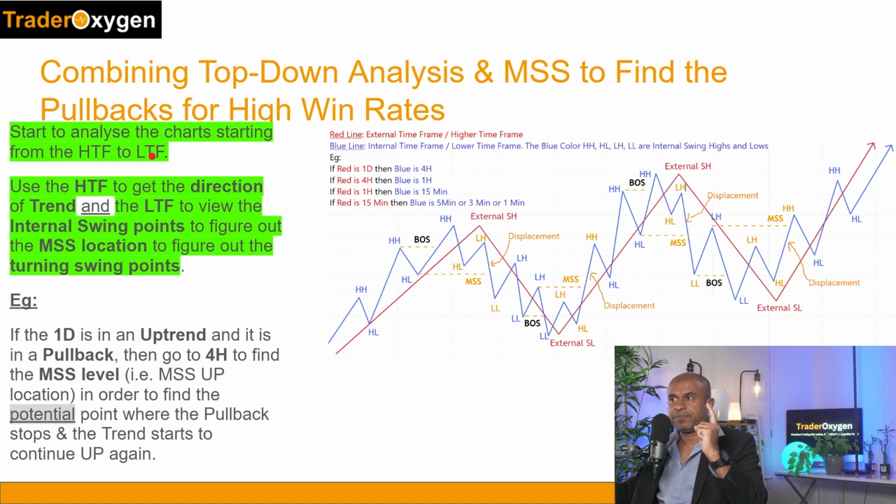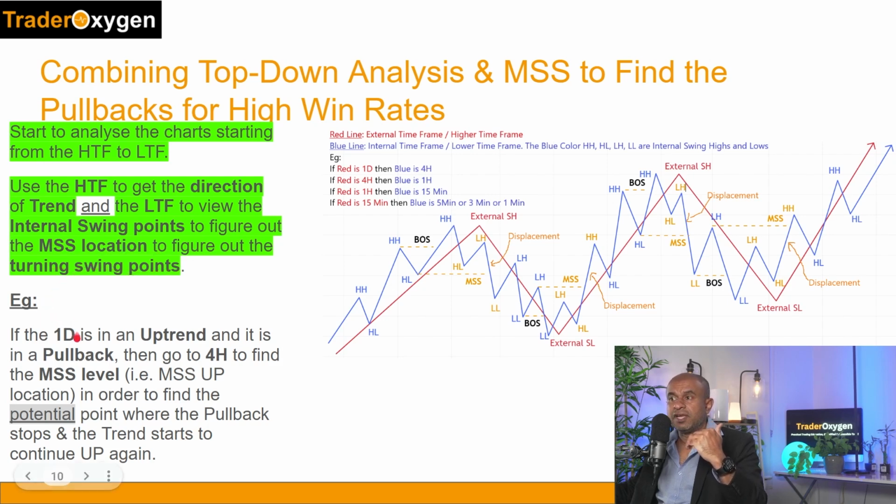That's number one. Then you use the higher time frame to get the overall direction of the trend. And then you go to the lower time frame to view the internal swing points, to figure out the market structure shift locations, to figure out the turning swing points.